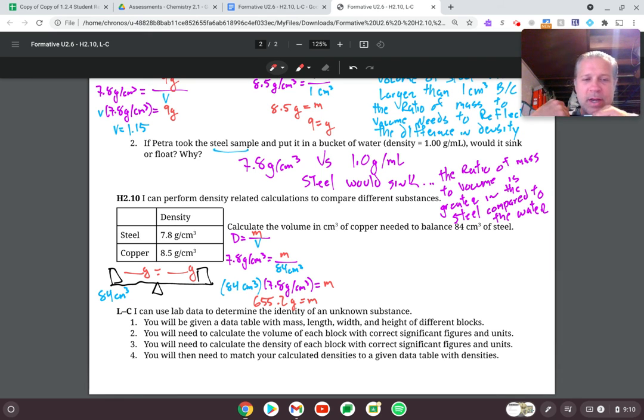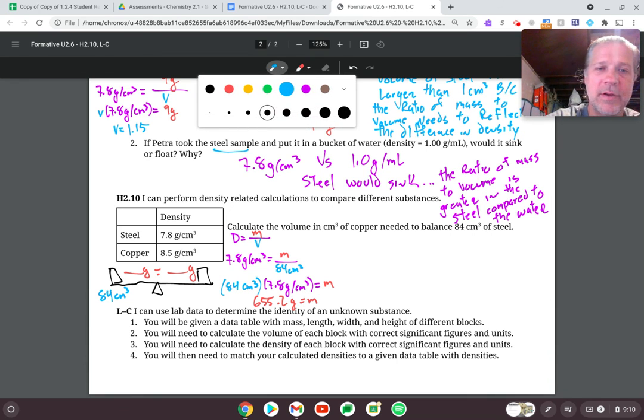So I'm going to need 655.2 grams essentially. So the next part of this is I'm going to solve for volume of copper. So in order for these to balance, I need to have 655 grams basically.